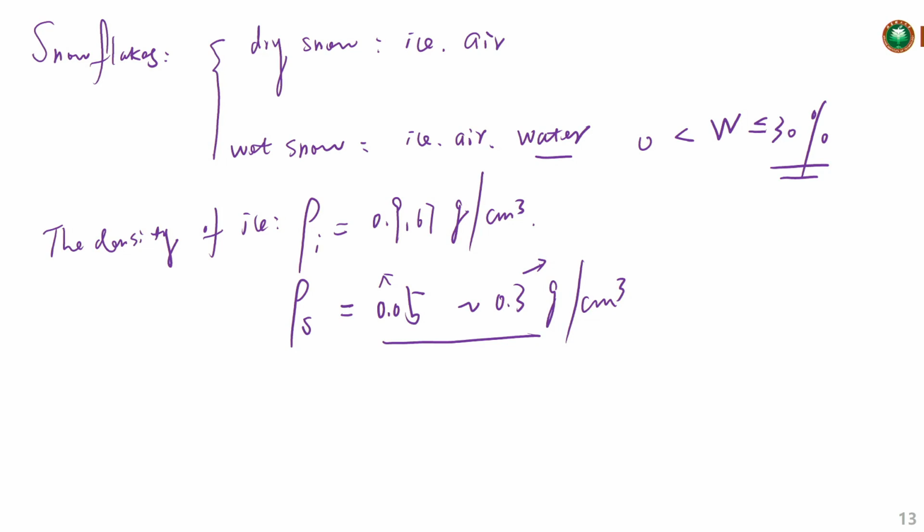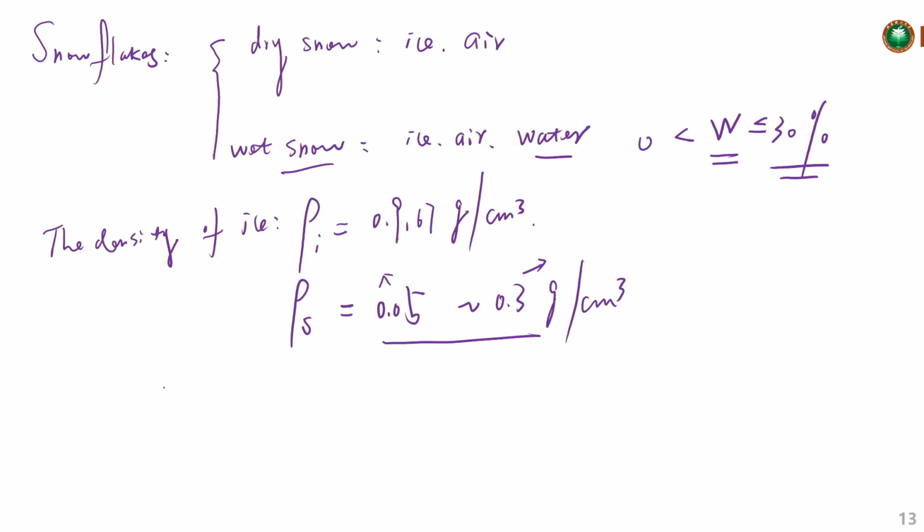Sometimes, especially in the spring, we have snowflakes and water droplets together. That's because the wetness inside of the snowflakes is so high that some of the snowflakes become raindrops, and we call it ice rain, all right?